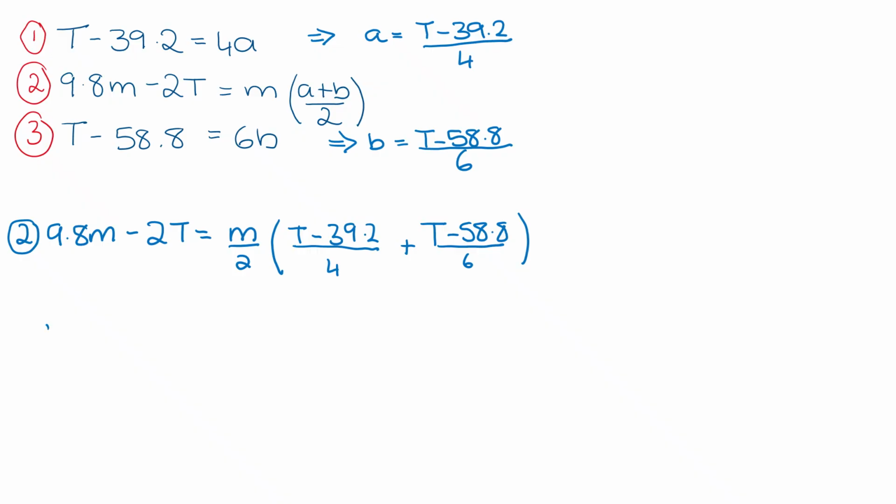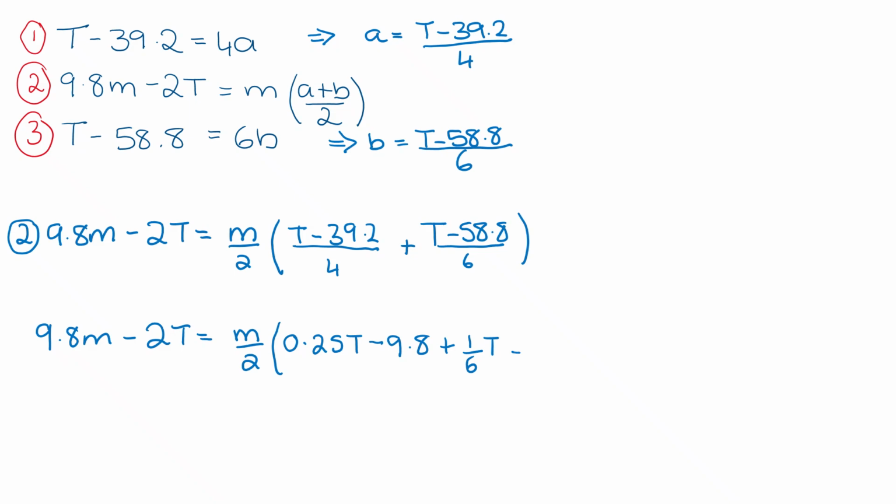I find one of the easiest ways to work this is to break out my fractions if I can, so I'm going to leave this as m over 2. So then T divided by 4, that's a quarter T or 0.25T. Minus 39.2 divided by 4 gives me minus 9.8. Plus T over 6, that's 1/6 T. Doesn't give me a nice decimal, so I'm going to leave that as a fraction. And then minus 58.8 divided by 6 is minus 9.8.